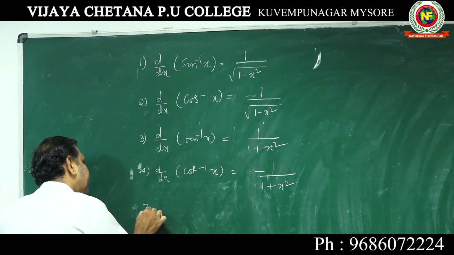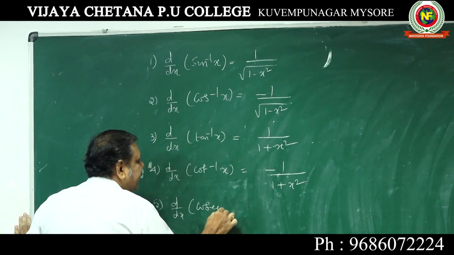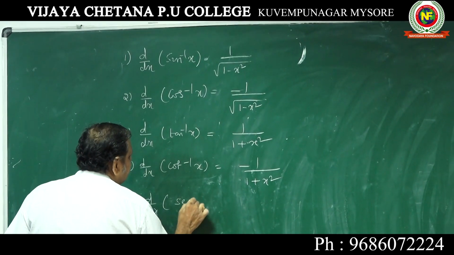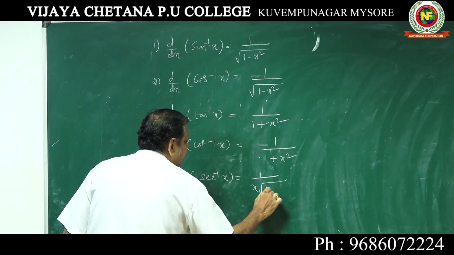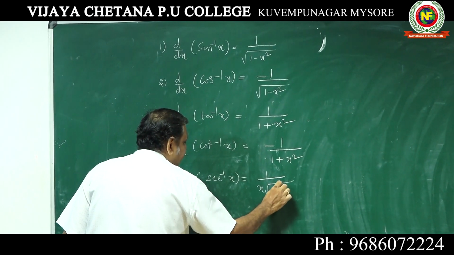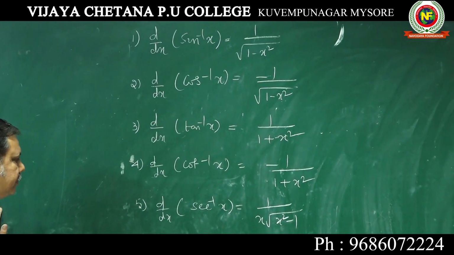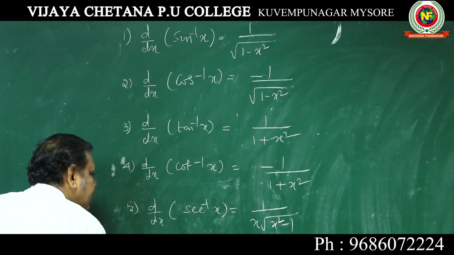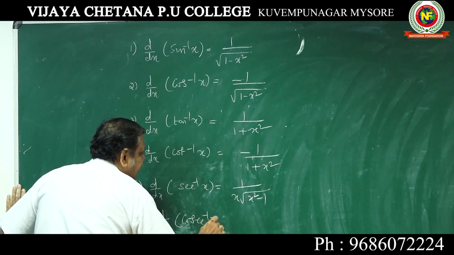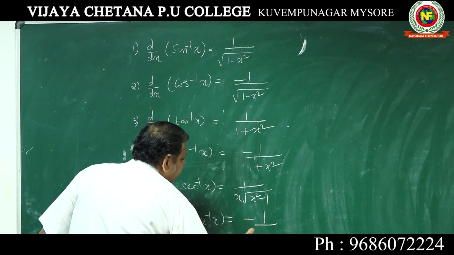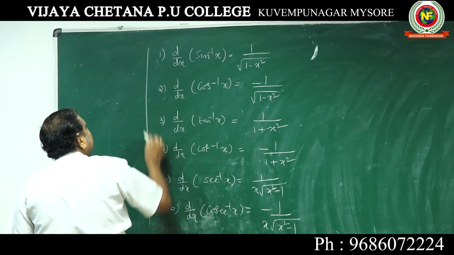Fifth one, d by dx of secant inverse x is 1 over x root of x square minus 1. Then sixth one, d by dx of cosecant inverse x is minus 1 over x square root of x square minus 1.